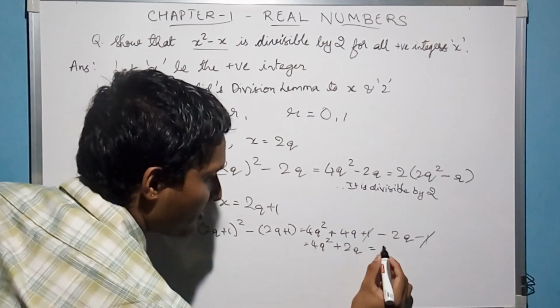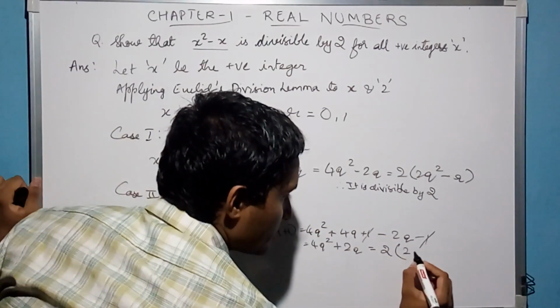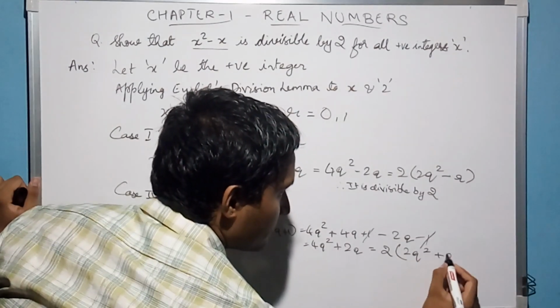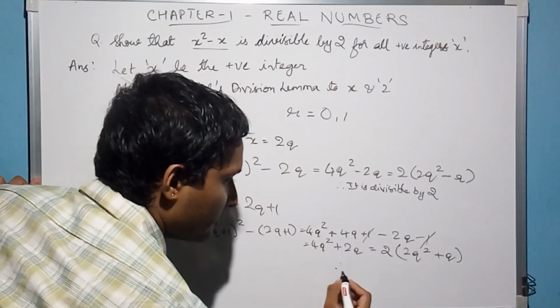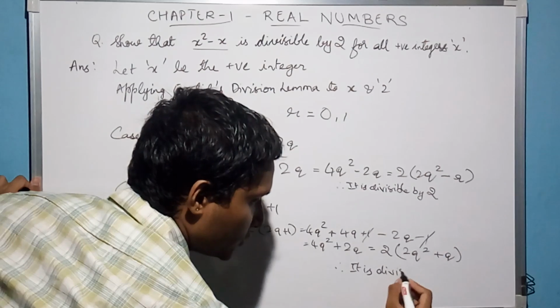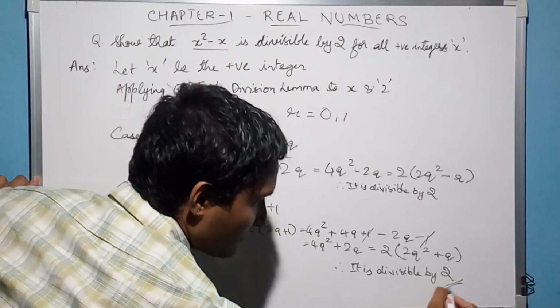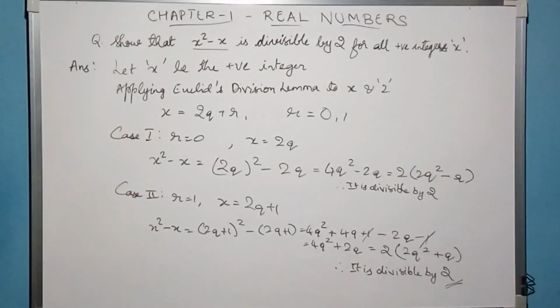We are going to take 2 common outside, that is 2 into 2q square plus q. Therefore it is divisible by 2. Therefore in both the cases you can find out that x square minus x is divisible by 2. So whatever be the positive integer, x square minus x will be divisible by 2 is the conclusion we are going to get. Thank you.